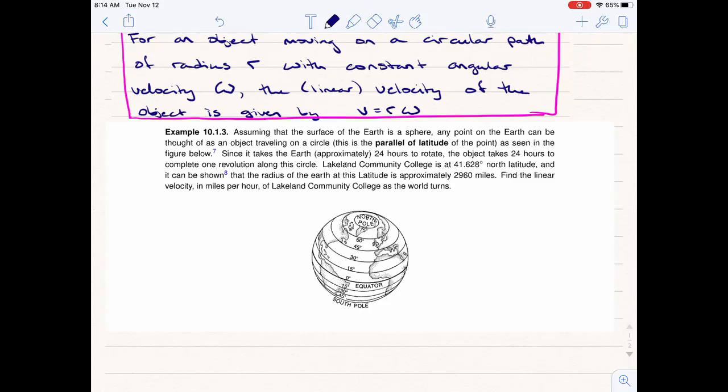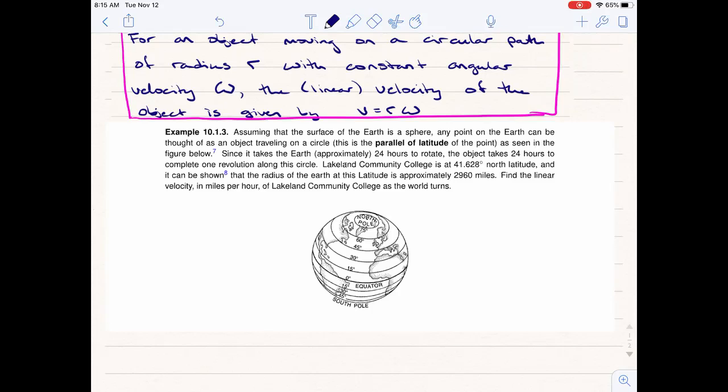Because you can slice and dice a sphere into a circle. You don't have to think 3D, you can think 2D. So this is the parallel of latitude of the point. So we've got latitude, longitude, as seen in the figure below, this cute little cartoony looking Earth.